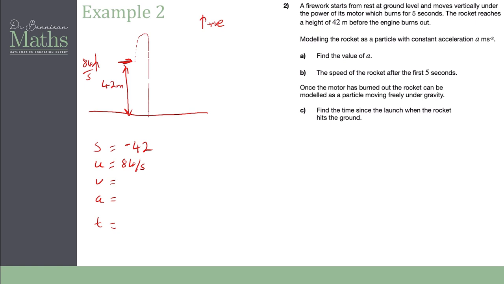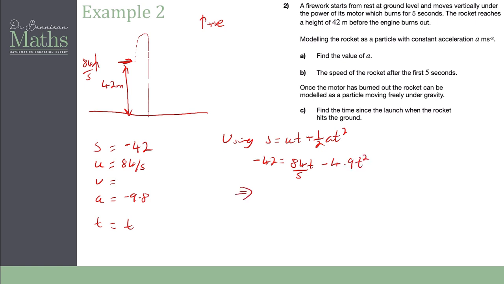A is minus 9.8, and T is what I'm trying to find out. So I'm going to use S equals UT plus a half AT squared. So minus 42 is equal to 84/5T minus 4.9 T squared.